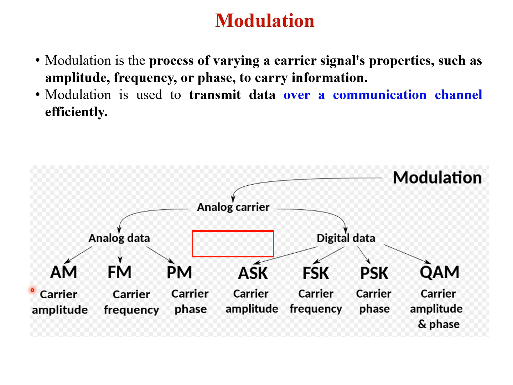In AM, the amplitude of the carrier signal is going to vary according to the instantaneous value of the message signal. In FM, the carrier frequency is going to vary according to the instantaneous value of the message signal. In PM, the phase of the carrier signal is going to vary according to the instantaneous value of the message signal.